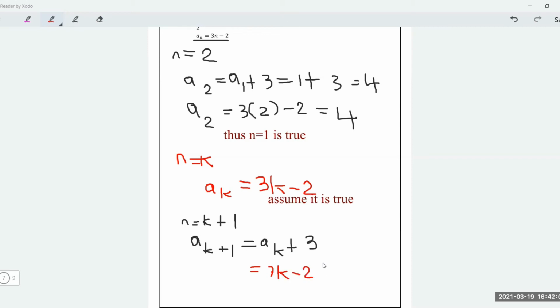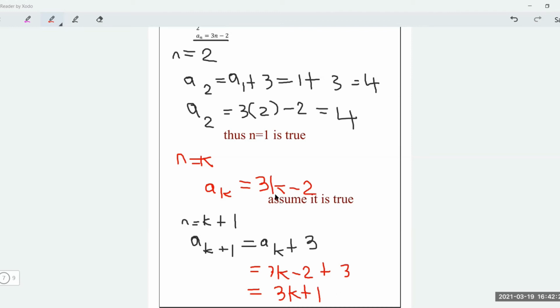So AK plus 1 is 3K minus 2 plus 3. Let's see if it is true. This works out to be 3K minus 2 plus 3 is plus 1. That's what we're getting. 3K plus 1.